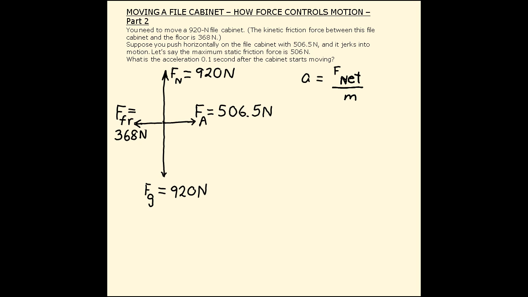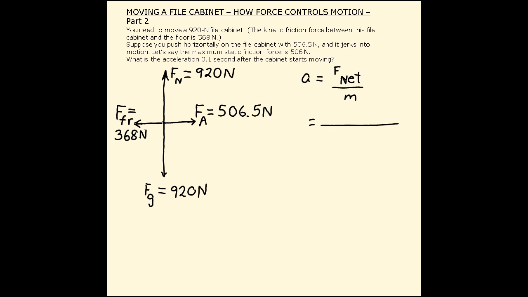That makes sense because right now we have kinetic friction because the file cabinet is now moving. And the kinetic friction force is not the same as the maximum static friction force. So the static friction force we had in the last problem no longer applies. Now we're looking at kinetic friction.